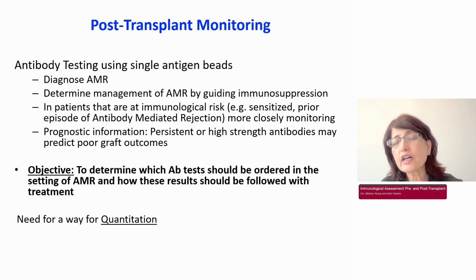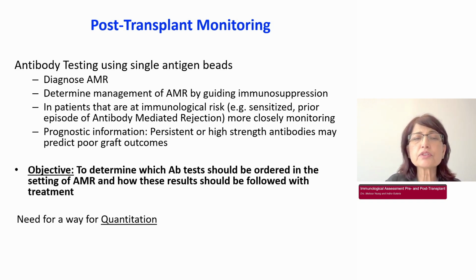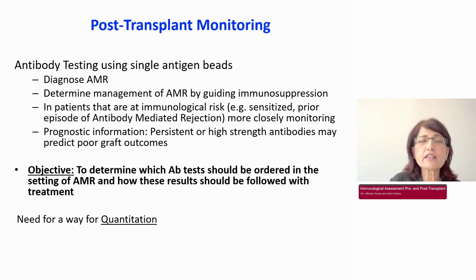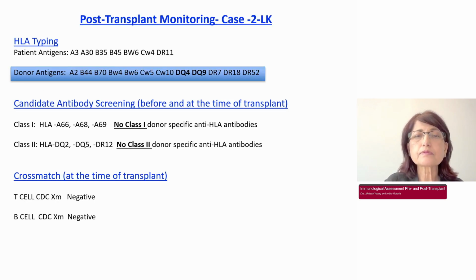Persistent or high-strength antibodies may predict poor graft outcomes. So the objective of post-transplant monitoring is deciding which assay should be used and how often it should be followed after treatment. And for post-transplant monitoring, we need a way to quantitate the antibody response.